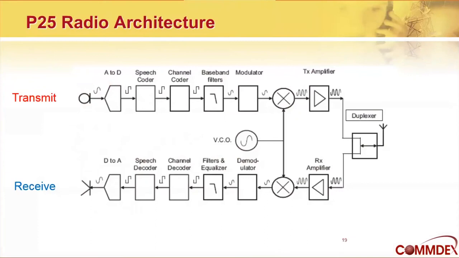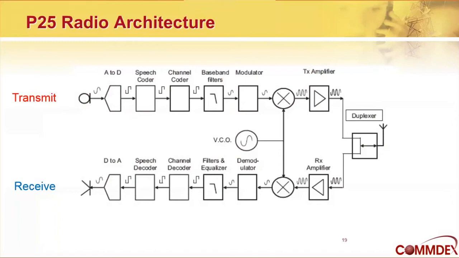So what happens inside a P25 radio? Well, on the transmit side, you've got your microphone, and it goes into an A to D converter. This is your vocoder. This is the device that turns your analog voice into bits, along with the speech coder. And that will then push it into the bandwidth of the channel, which is the function of the channel coder.